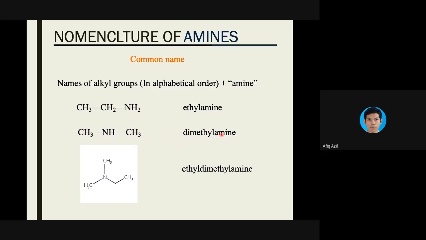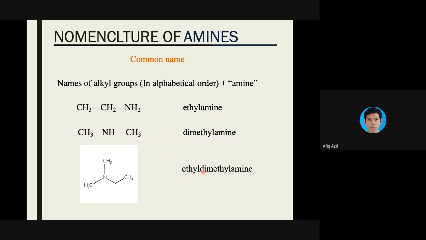And then for tertiary amine, we have nitrogen here bonded to two methyl groups, CH3, CH3, and another ethyl group, CH2, CH3. So it will be written according to alphabetical order as ethyl dimethylamine.